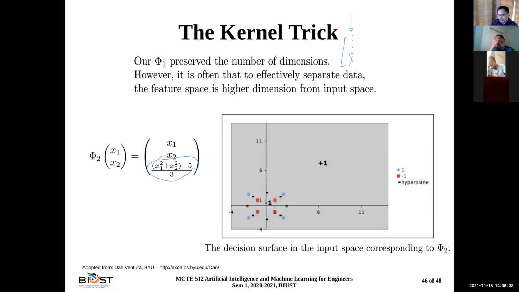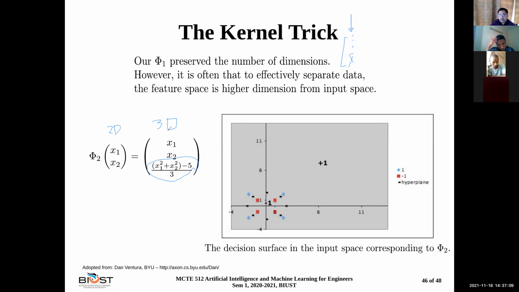I think this is empirically formulated, most likely for convenience of computation and other reasons. But anyway, there is that third dimension. So now this is our second transformation function, from a 2D input space into a 3D feature space.